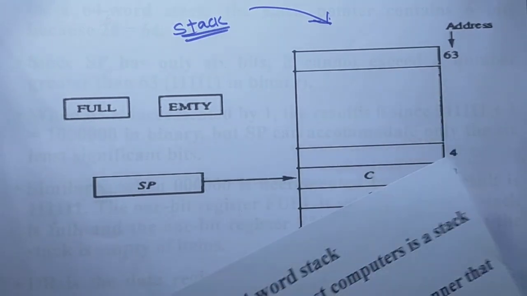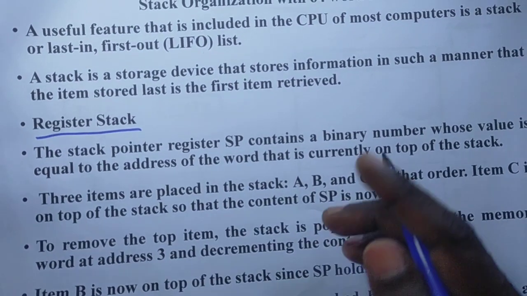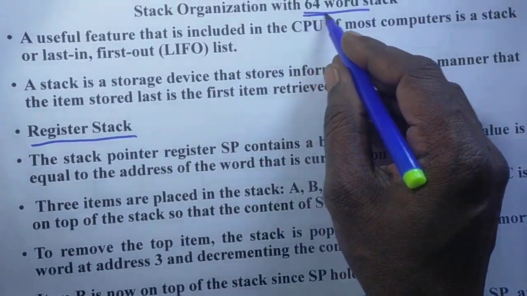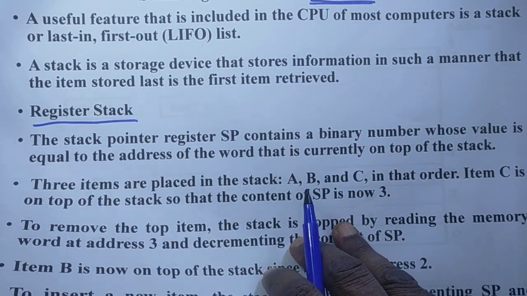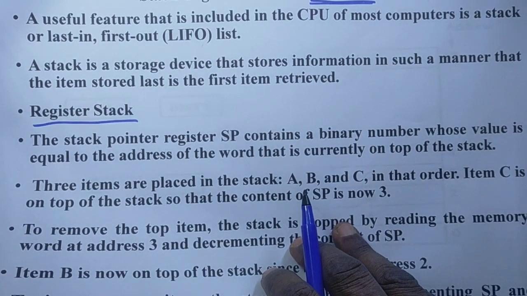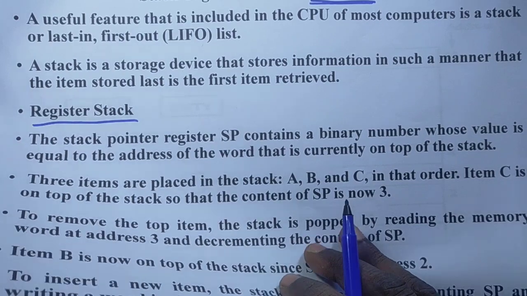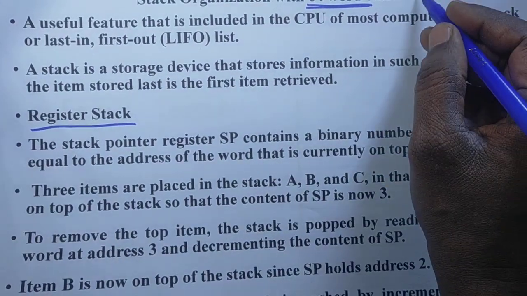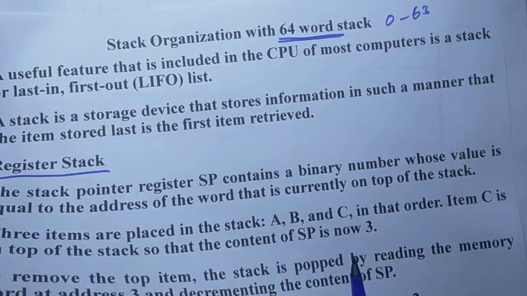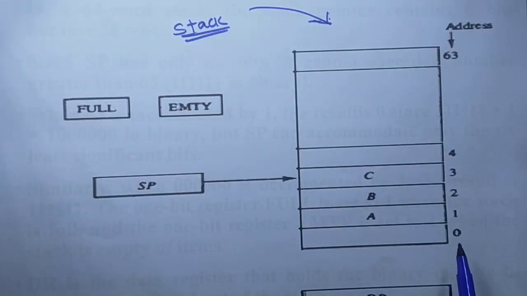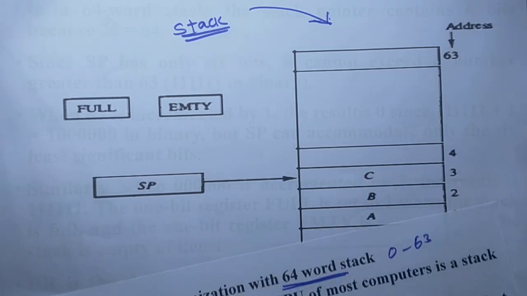Since we maintain 64 words, the stack contains 64 words, meaning 64 addresses, each word having one address. So 64 addresses means 0 to 63: 0, 1, 2, 3, 4, up to 63. This is the basic concept.